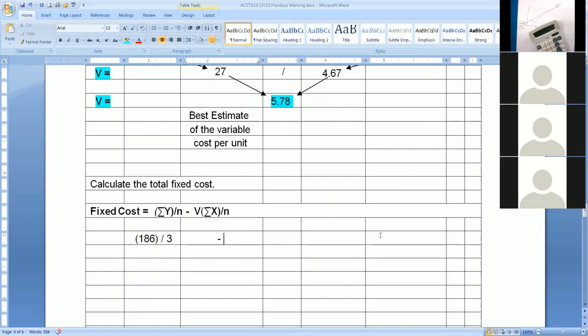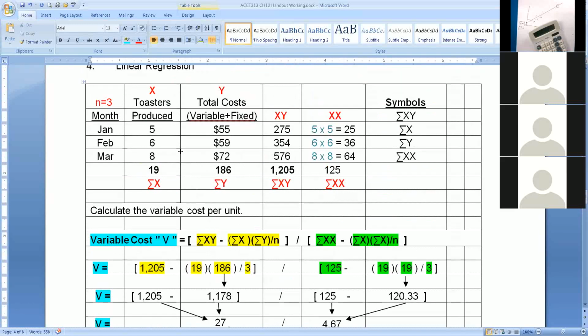Okay, I got it. Now the V is the variable cost per unit. This will be this. Right. And we're going to multiply that by the sum of x. Now x are just the units. So sum of that is that.